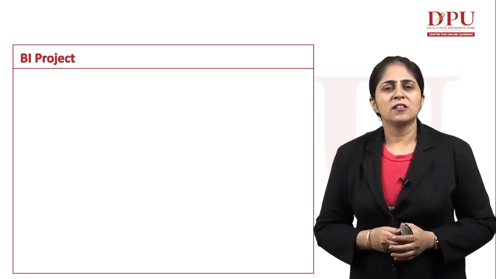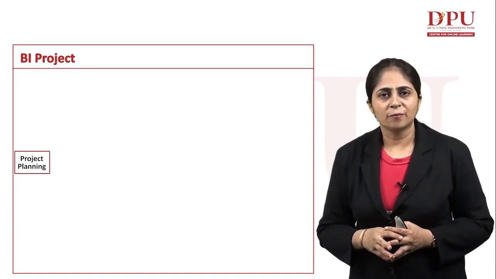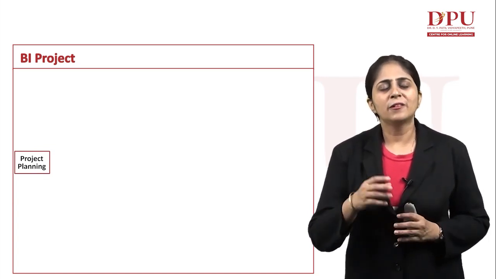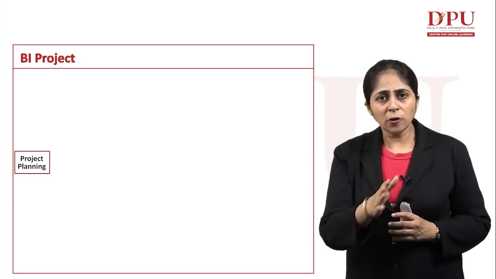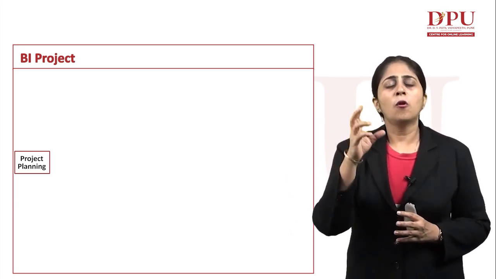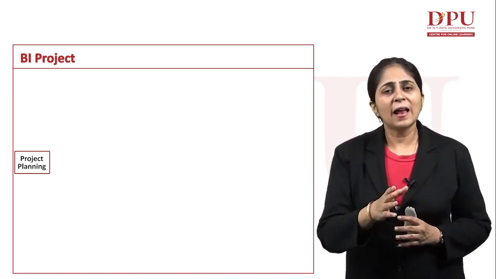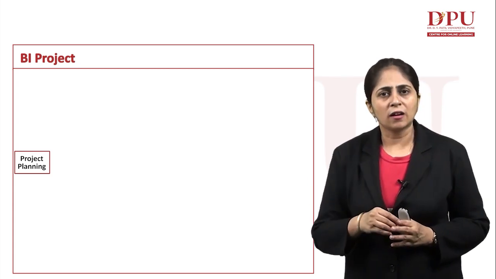The very first stage for building the business intelligence project is project planning. The project planning part will include the overall planning for our business intelligence project. What goals do we want to achieve by this project? How can we plan the various resources of our company?